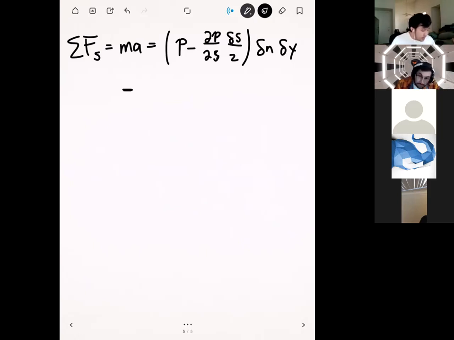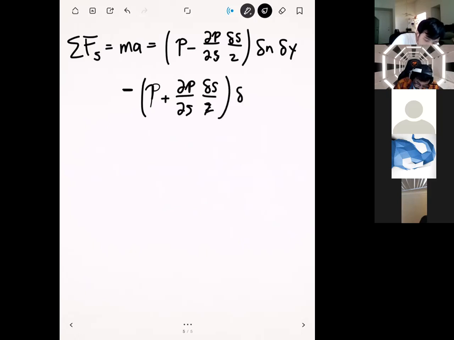And then opposing that will be the pressure on the other side. So we have P plus del P del S, delta S divided by 2, times del N del Y. And since that other pressure force on the right side of the particle is opposing it, that's why we have this minus sign here.